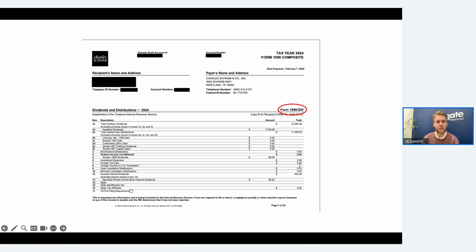Most people probably won't. I will bring attention to the $60 amount that is in the middle on the Section 199A dividends. What this means, and this is more common, is that it reports dividends that are eligible for the 20% qualified business income, or QBI, deduction.